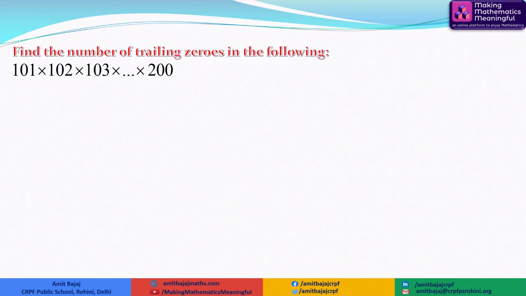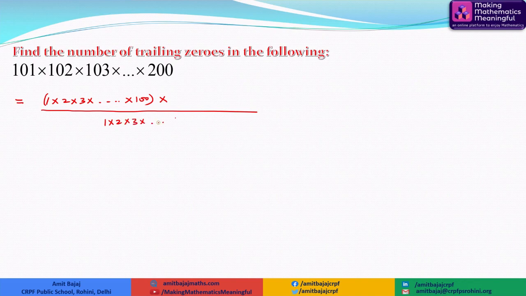Consider this another question: 101 into 102, 103 up to 200. Let us multiply this product by 1 into 2 into 3 up to 100, and to balance it we need to divide the same by 1 into 2 into up to 100.